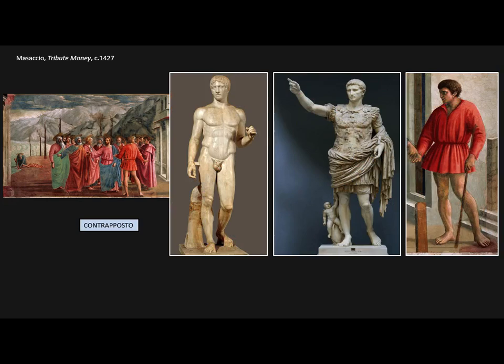So in class we looked at how artists at this particular time were looking back at ancient sculpture. We see this quite clearly with Masaccio's figure on the far right, deriving his pose from the classical contrapposto, counterpoised balance of Greek art and its adoption by Roman art.